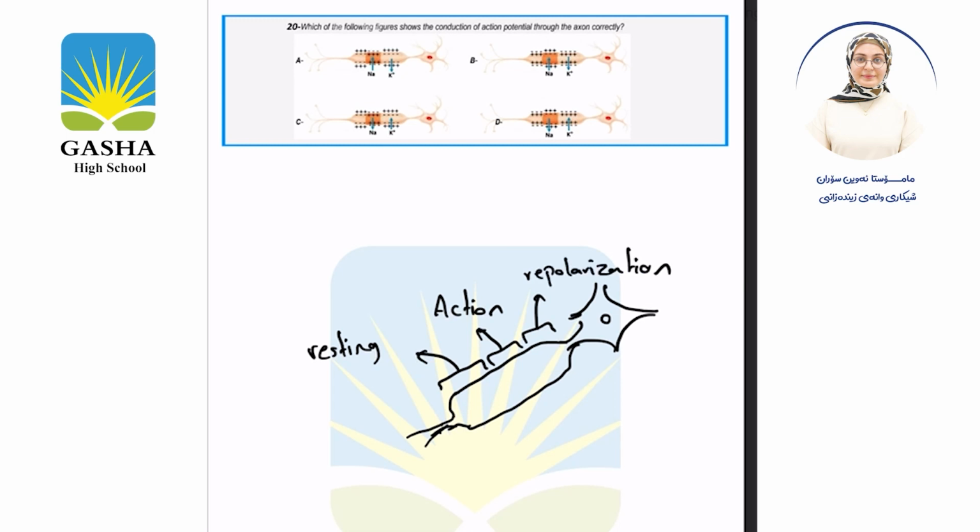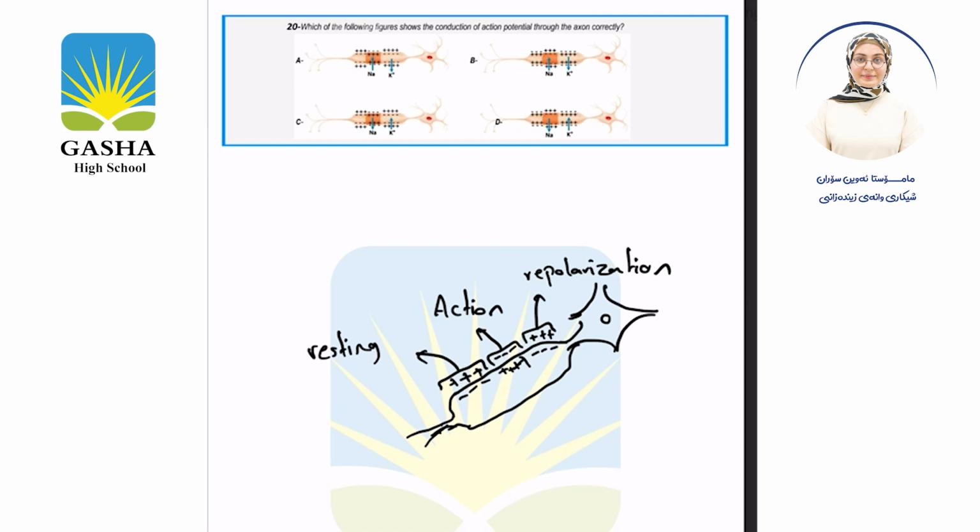In the resting stage, the outside of the axon is positive and the inside of the axon is negative. In action, outside is negative, inside is positive. In repolarization, inside is negative, outside is positive.